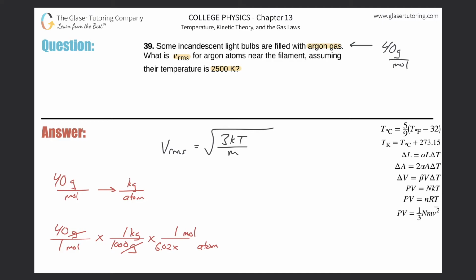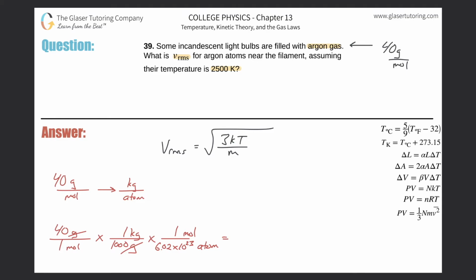It's 6.02 times 10 to the 23rd. This is just a conversion: there are this many atoms in a mole. You could also substitute the word molecule here. A mole is just a collection of things, so 1 mole of argon atoms is equivalent to 6.02 times 10 to the 23rd atoms of argon.